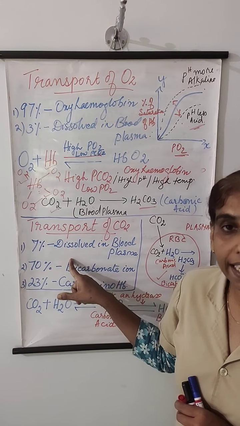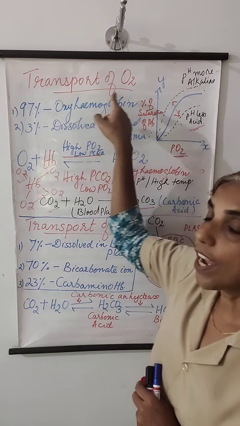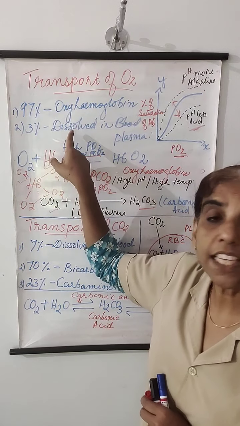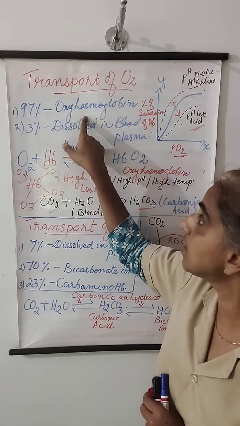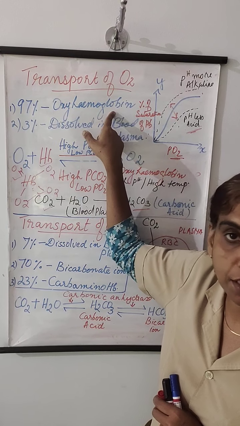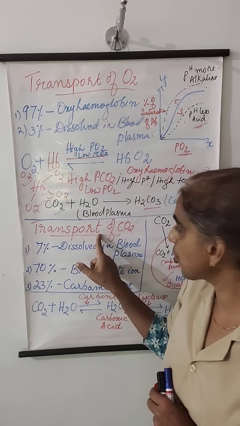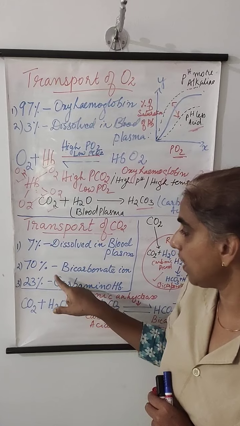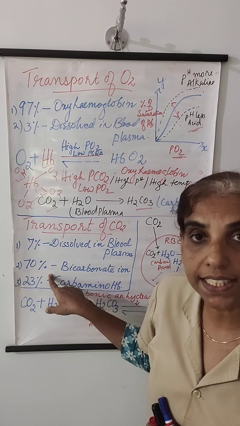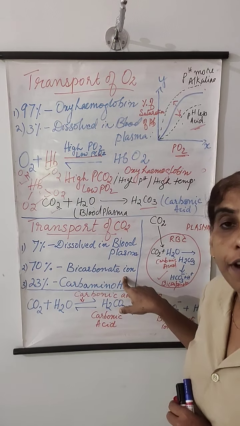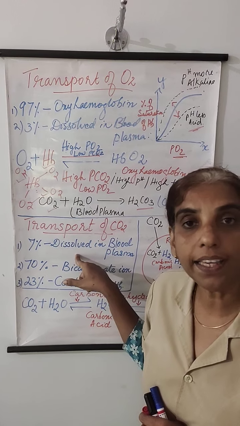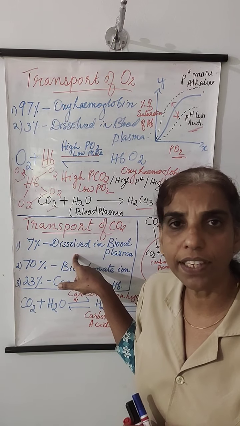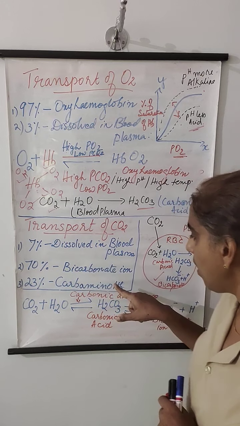Once again we can get a recap. Transport of oxygen: the major event is oxyhemoglobin complex formation. And the transport of carbon dioxide is mainly by the formation of bicarbonate ion, and the rest is by the dissolving capacity in blood plasma.